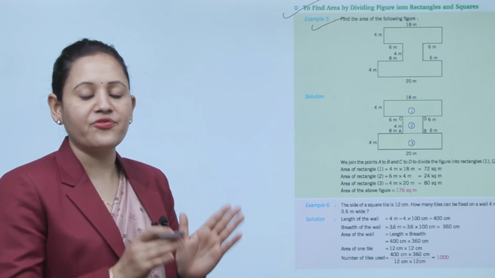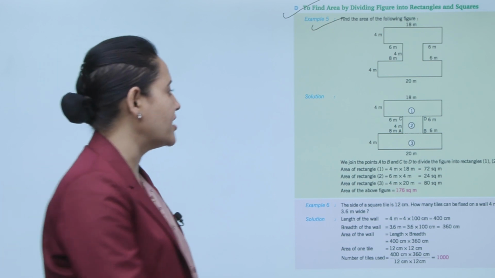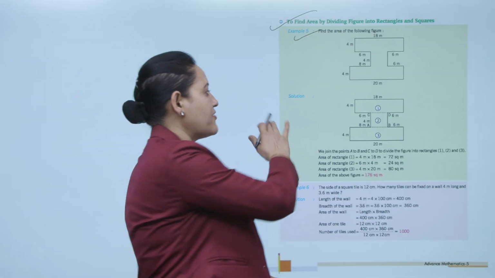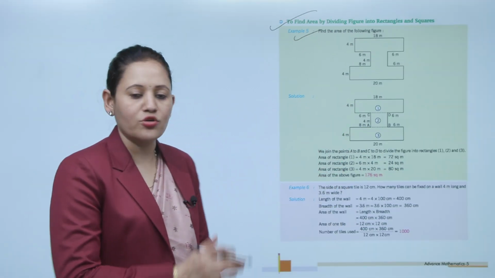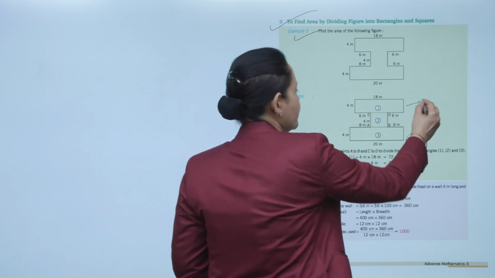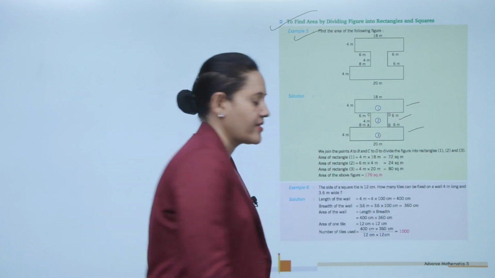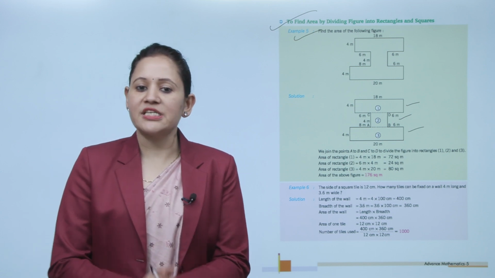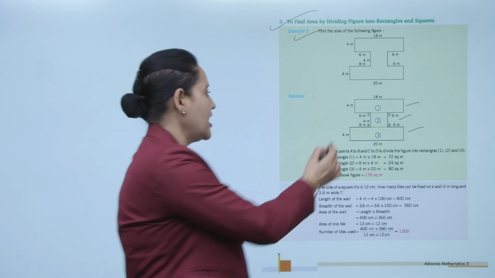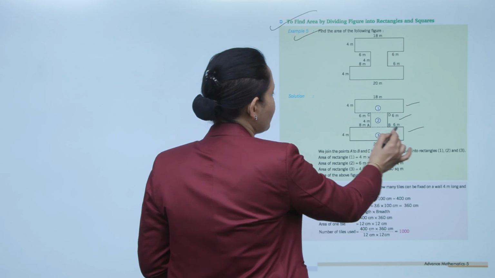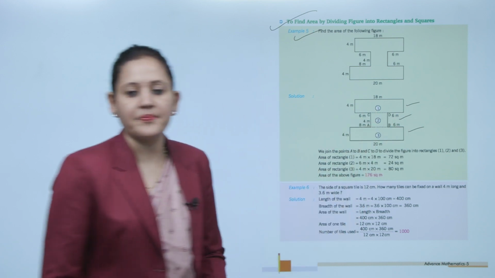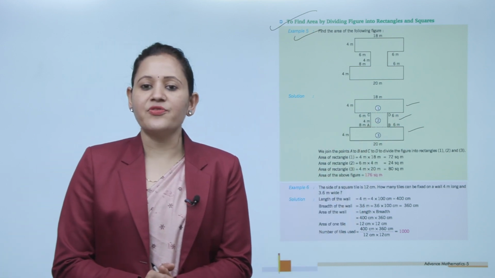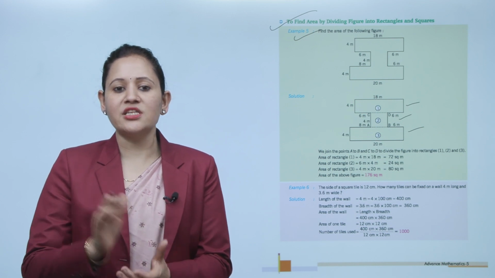So we'll divide the figure into rectangles and squares. We have divided the given figure into three parts, 1, 2 and 3. We have joined the points A to B and C to D. Clear? And divided the figure into rectangles 1, 2 and 3.